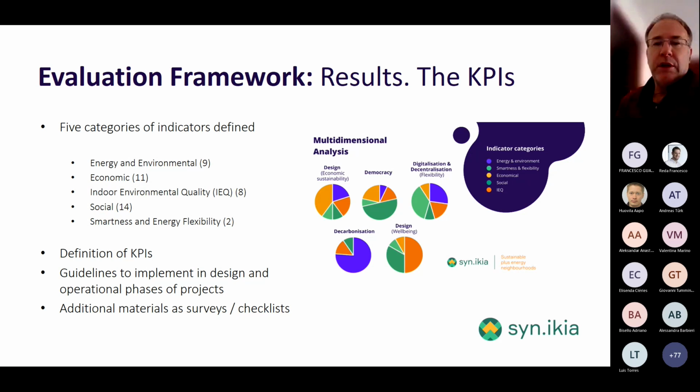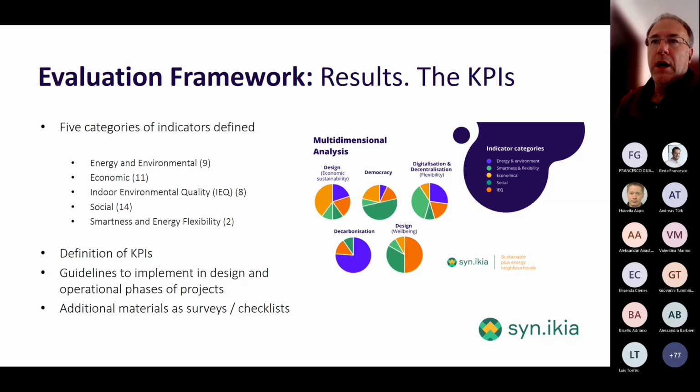In the documents that we have already produced, we can find the definition of the key performance indicators, and also guidelines on how to implement them in the design and operational phases of the project.